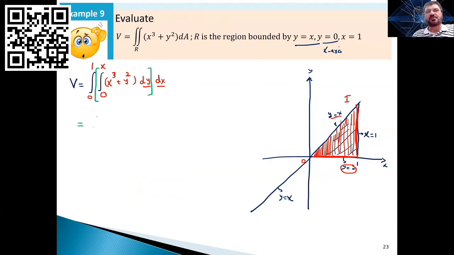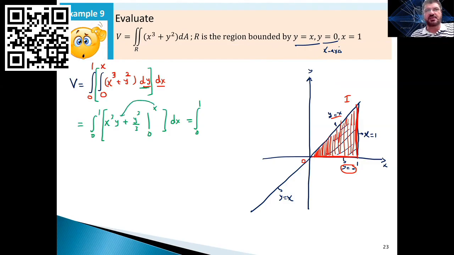So this is equal to the integration from 0 to 1. What's the integration with respect to y now? It's x cubed y. Let's open the box here: x cubed y plus, what's the integration of y squared? Y cubed over 3. And this is from 0 to x, dx. Now, this is equal to the integration from 0 to 1. We replace each y with x because we are integrating with respect to y.